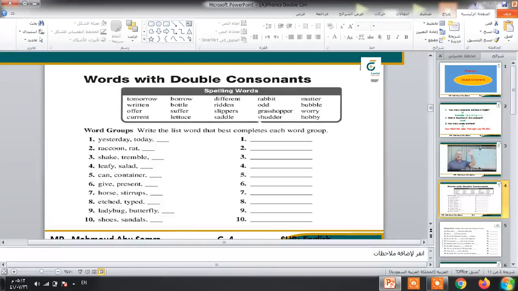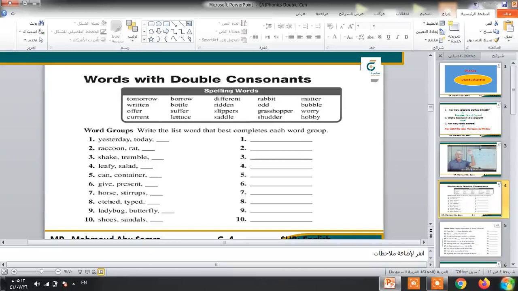Shudder means shake or move of cold or fear or like that. Matter, bubble, worry, and hobby. Now I have read these words, and I think you know most of them. Now let's go to our exercise.